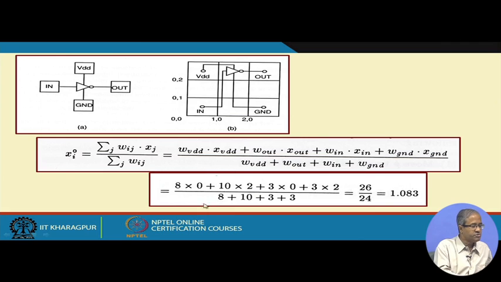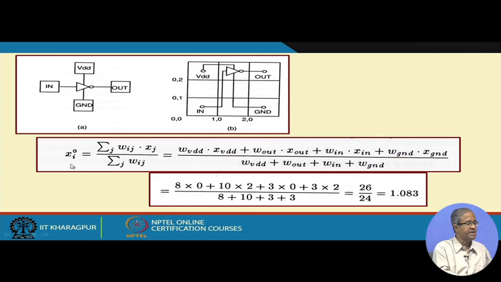You put in the values: the weights are 8, 10, 3 and 3. W VDD is 8, and for VDD what is the x coordinate? 0, it is 0 2. For out the weight is 10 and the x coordinate is 2, so 10 into 2. For in the x coordinate is again 0, 3 into 0. For ground the x coordinate is 2, it is 2 0, so 3 into 2. If you calculate, it comes to 26 by 24, which is 1.083.